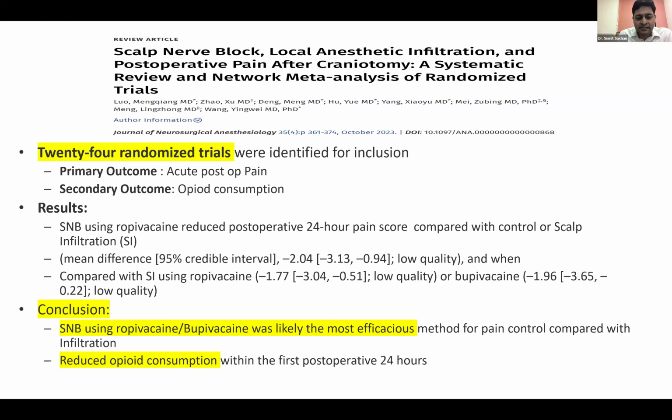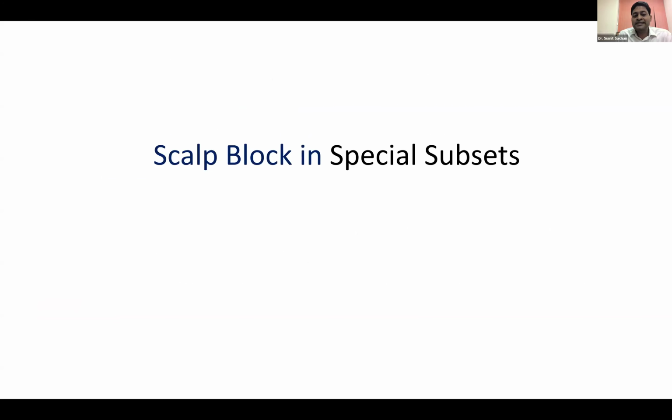The authors found that in patients given scalp nerve block using ropivacaine or bupivacaine, there was better pain control and the requirement of opioids was relatively less, and that even lasted for the first 24 hours post-operatively.